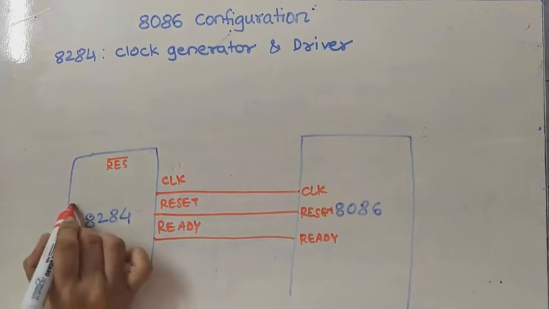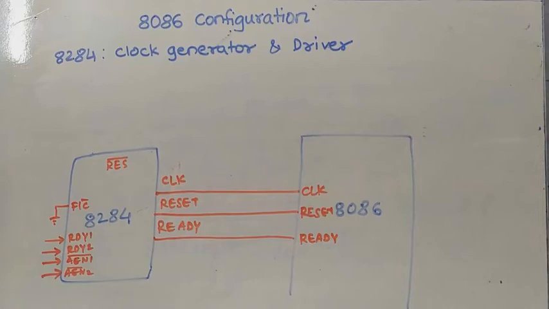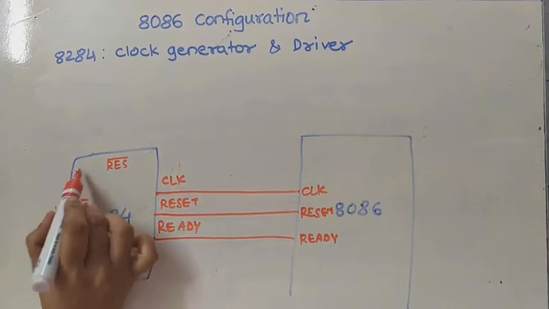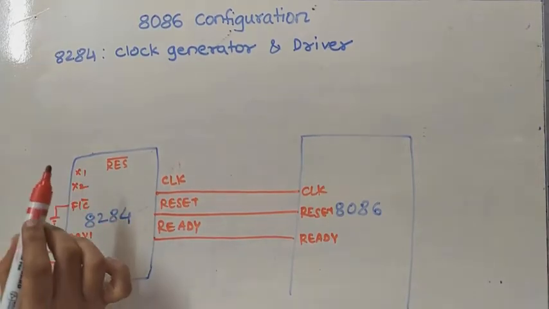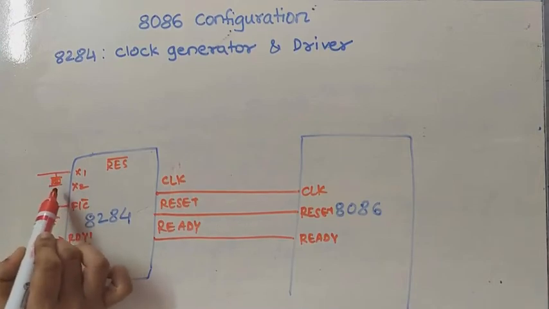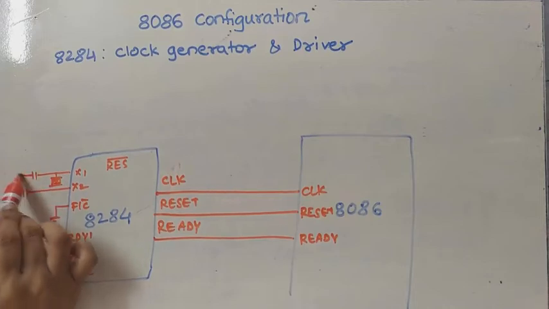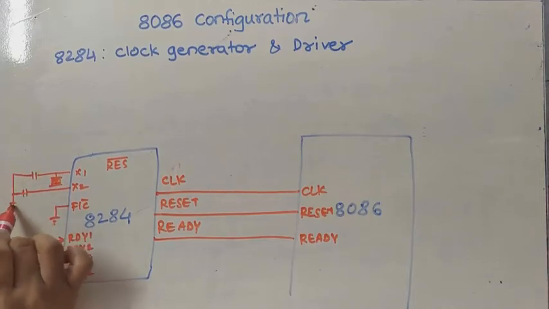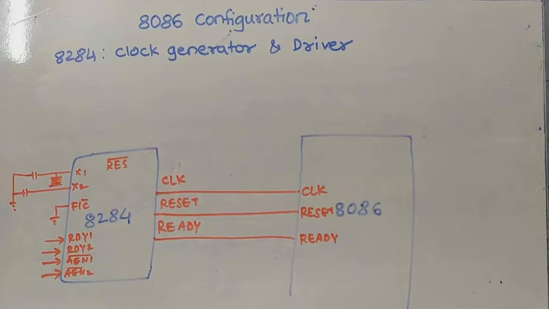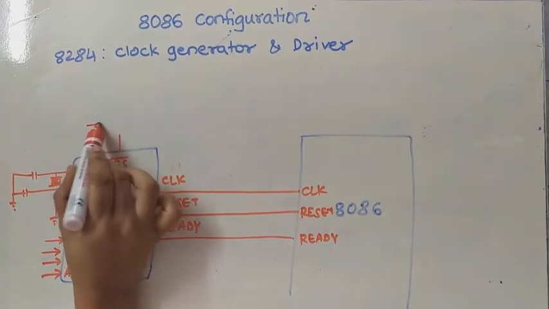Here the F/C bar pin is grounded. Between X1 and X2 a crystal is connected. And RES bar is connected here.